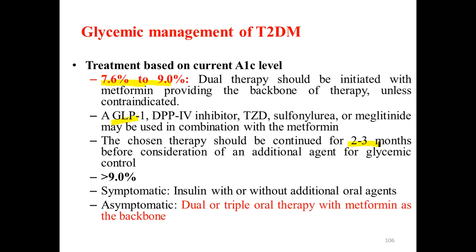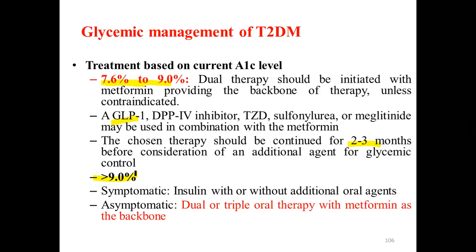Now, when the glycated hemoglobin is above 9% and the patient is symptomatic, give insulin with or without other oral agents. But if the glycated hemoglobin is above 9% and the patient is asymptomatic, dual or triple therapy with metformin as the backbone may be sufficient.